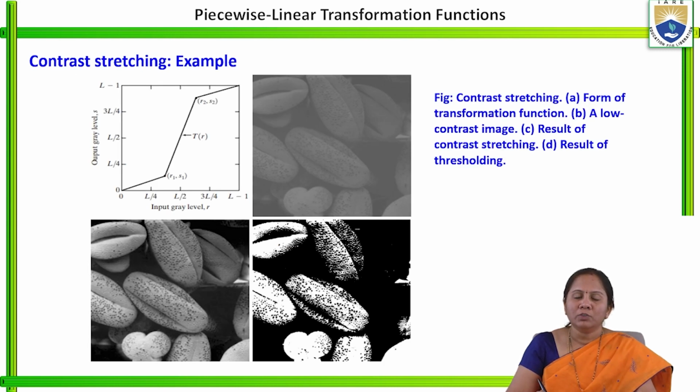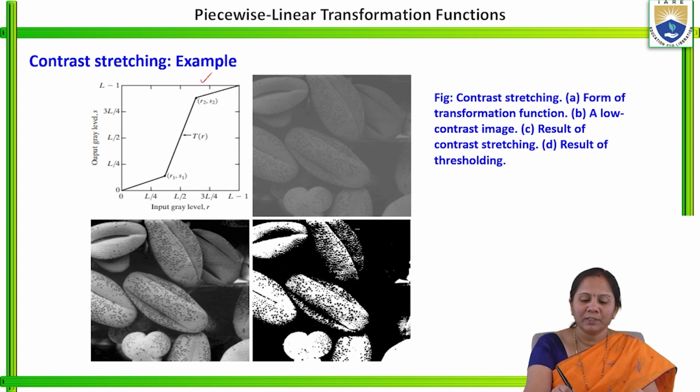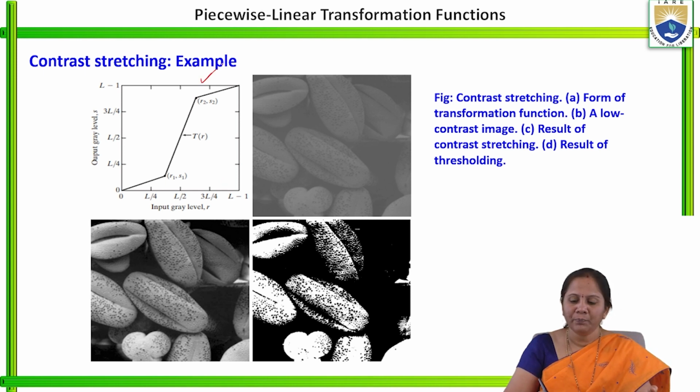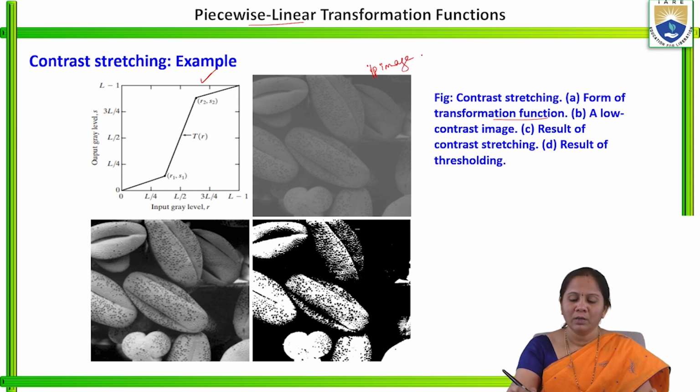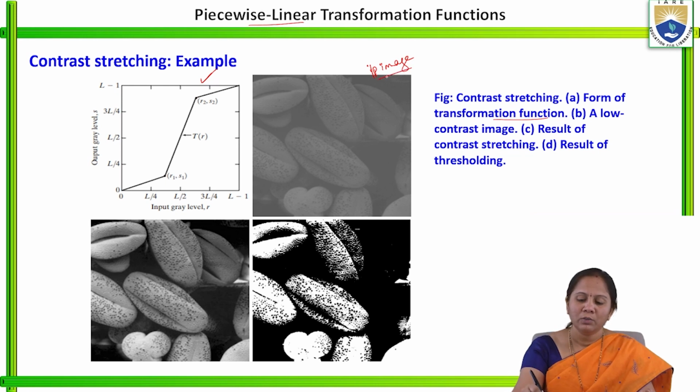Now, based on what we have discussed till now, we can see here in this image the transfer function we have discussed. What type of transfer function? Piecewise linear transformation function. And this is the input image or original image, which is acquired by the sensor. Now, on this input image, the piecewise linear transformation is applied.